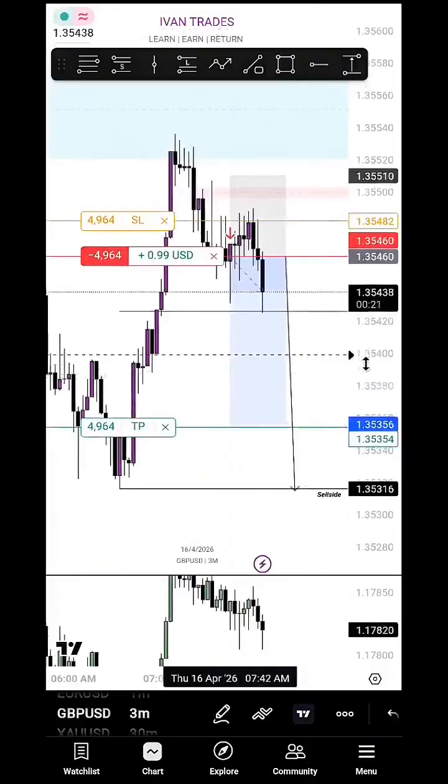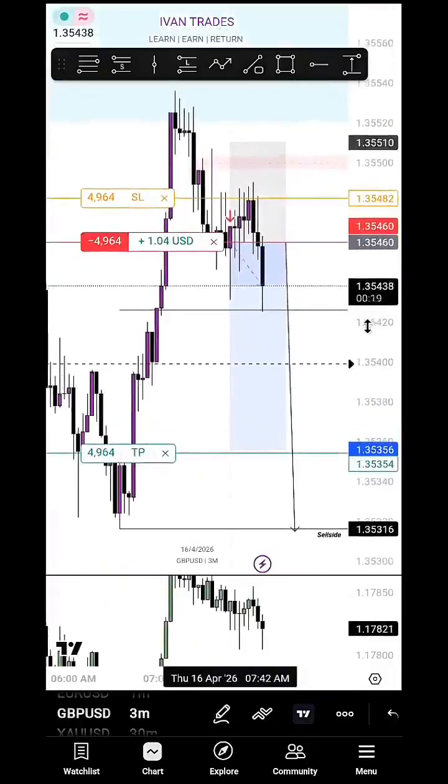Let me look at these drawings because they tend to misbehave. So now, if the price reaches here, I will be fully break even, I guess. Let me remove this one.